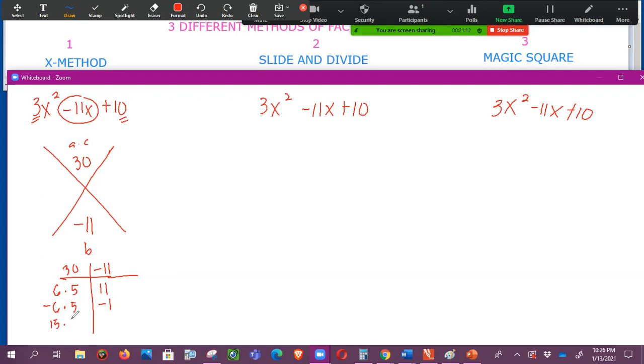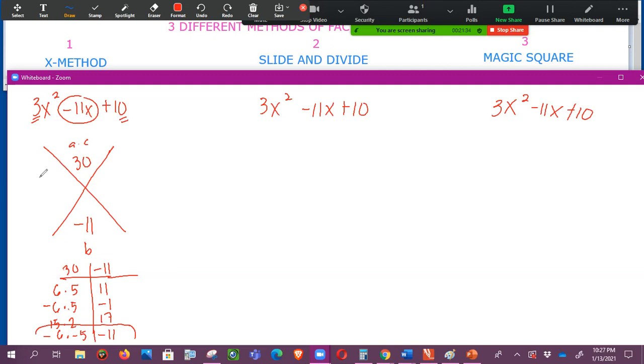Nope, that will give us 17. So it's not. Oh, you know what? We can do negative 6 and negative 5 because this is negative 11. Yep, I think we got it.